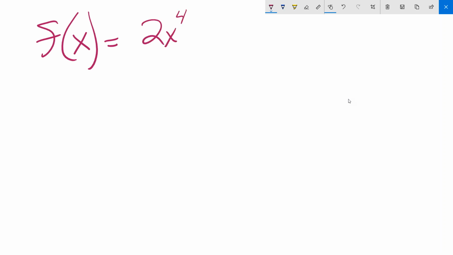So f of x is equal to 2x to the power 4 minus x to the power 3 plus 49x squared minus 25x and minus 25.